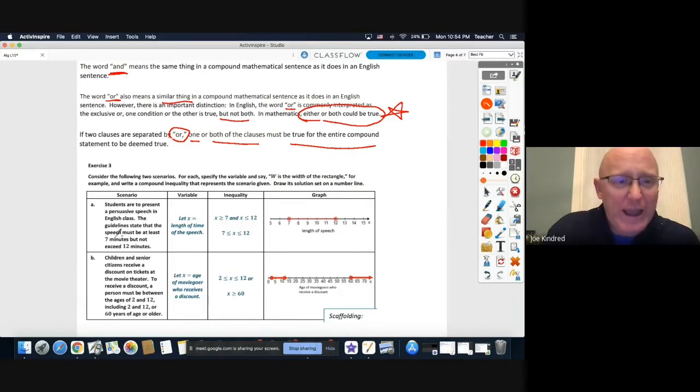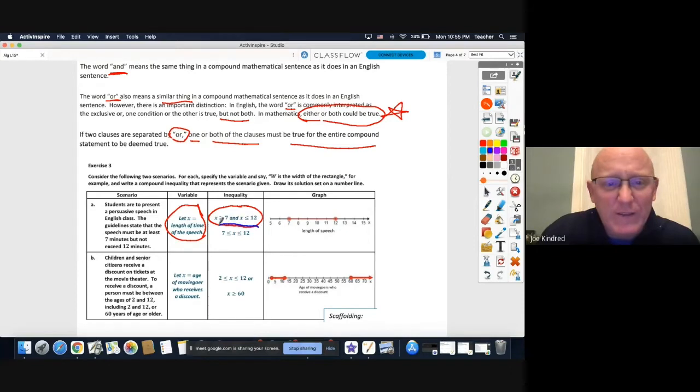Okay, you're going to be asked to consider scenarios in the real world and create a compound inequality. For instance, look at A. Students are to present a persuasive speech in English class. The guidelines state that the speech must be at least 7 minutes, but not to exceed 12 minutes. So you're going to be asked to select a variable, and I usually select X, and they do that here. And then they're going to write the answer. You see them write the answer in one of two ways.